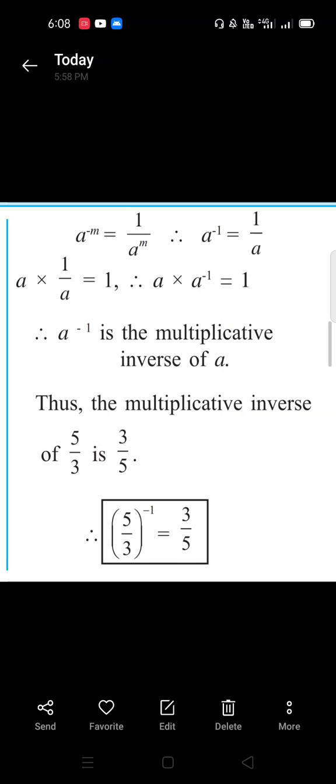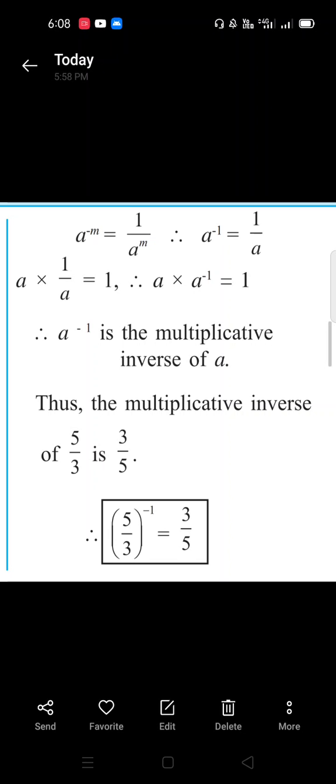Next, third rule. A raised to minus m is equal to 1 upon a raised to m. Therefore, a raised to minus 1 is equal to 1 upon a.